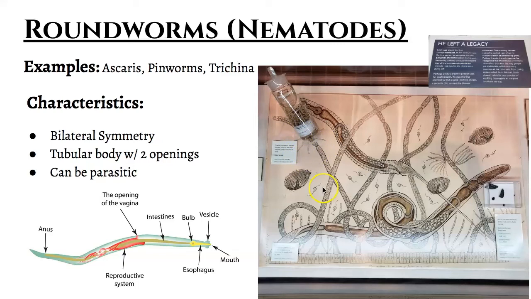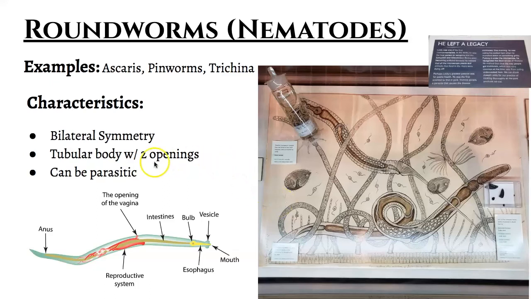So how do you know when you're looking at a roundworm? Well, first of all, it's not going to be flat, it's going to be round. But the other thing that's huge about this, whereas with our planarians, we just kind of had the mouth, and with our cnidarians, we just had the mouth, and our sponges were just even filter feeding.